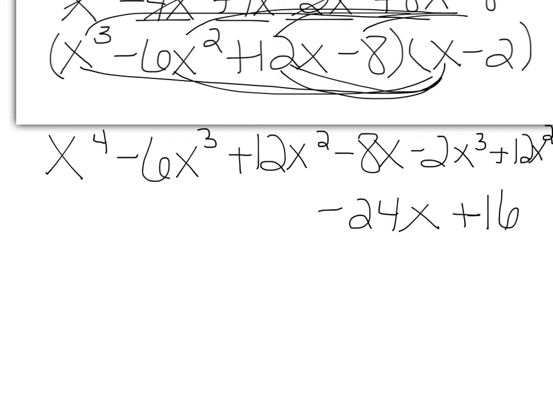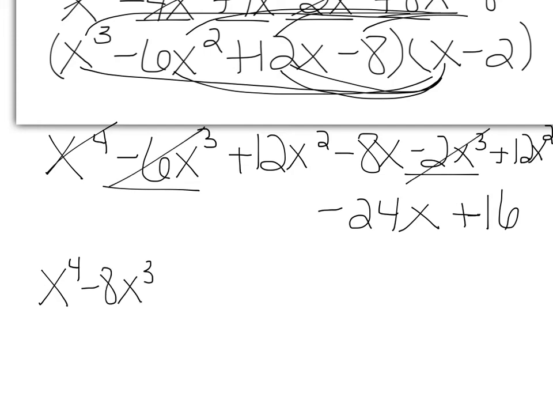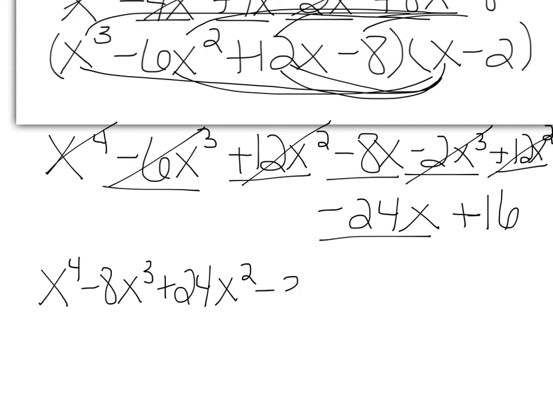So let's rewrite this. X to the fourth doesn't have any other exponents with a 4. Negative 6x cubed minus 2x cubed is negative 8x cubed. We'll cross those out. 12x squared plus 12x squared is 24x squared. Cross those out. Negative 8x minus 24x is negative 32x.